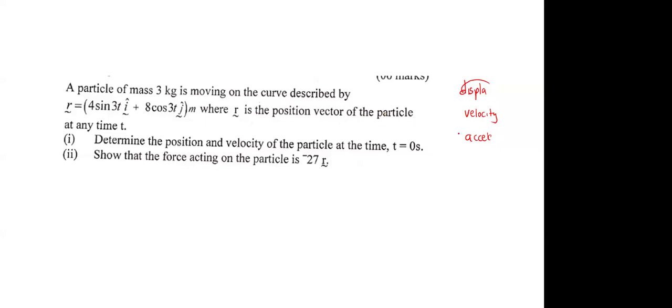Now, what are you going to do? If I have displacement and I want velocity, when we are moving downwards, we always do differentiation. So in order for us to get velocity, we shall differentiate. If you don't remember it, do not cram.